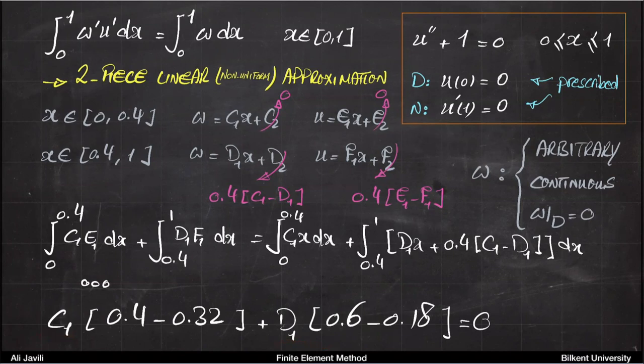And I missed, of course, some numbers there. So that would be 0.4 E1, and that is 0.6 F. Okay, so this is what you get.